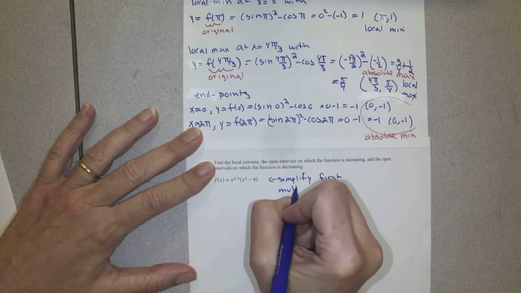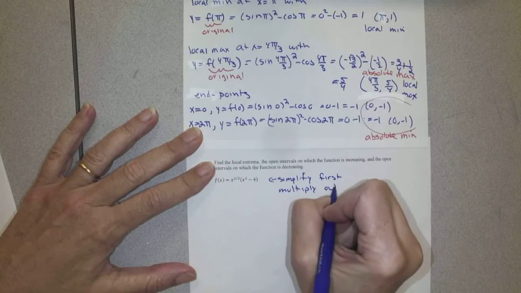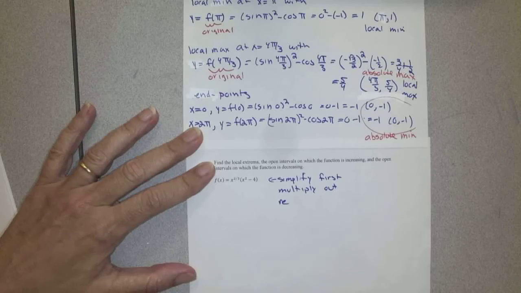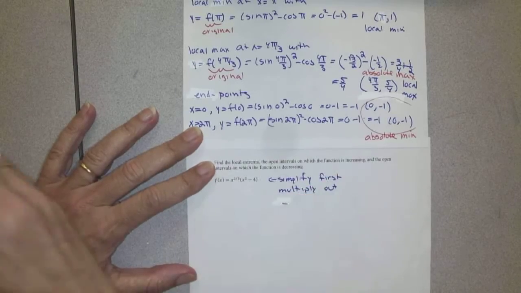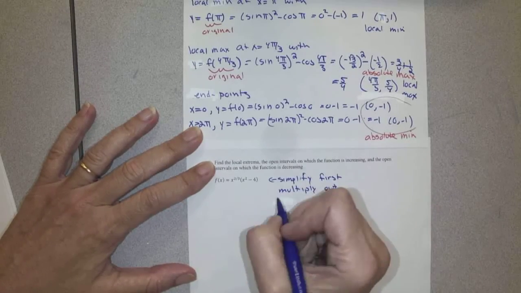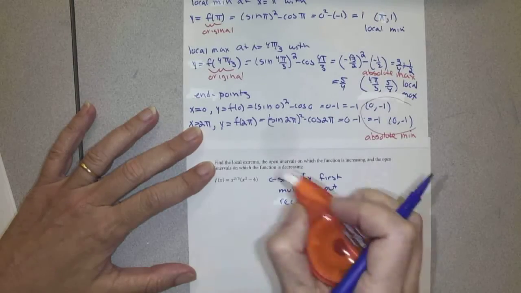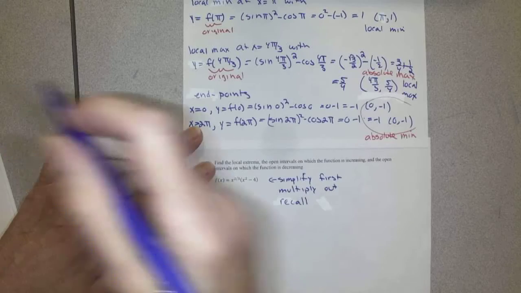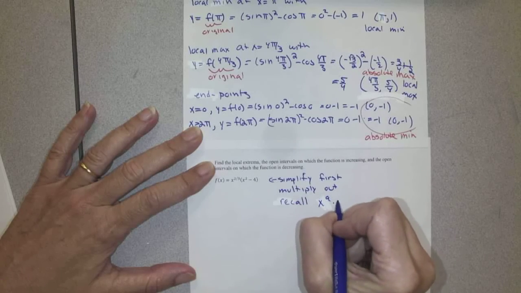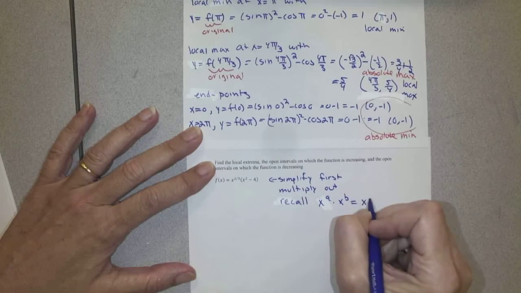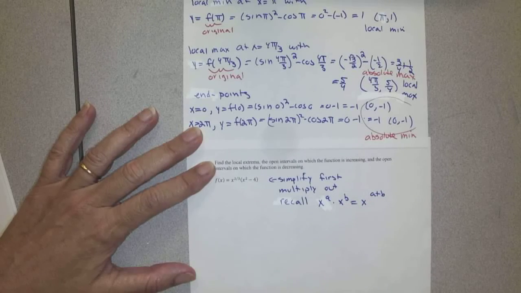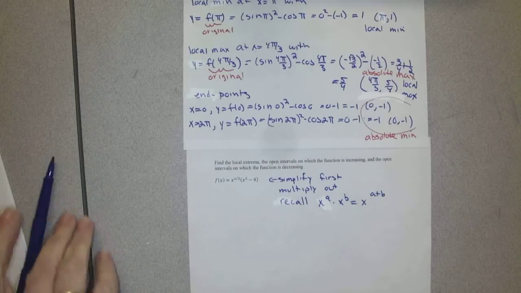Multiply out. And recall x to the a times x to the b is x to the a plus b. Then I'm going to add my exponents.